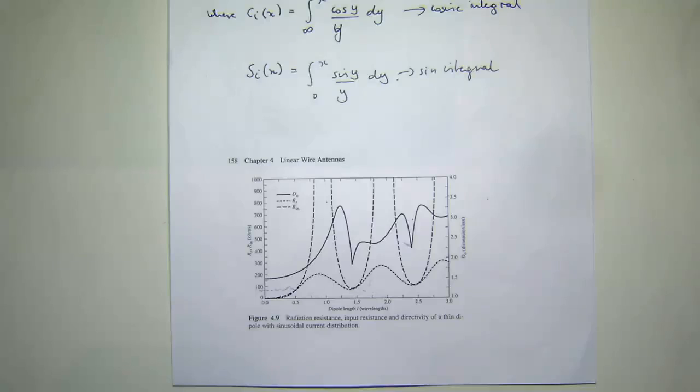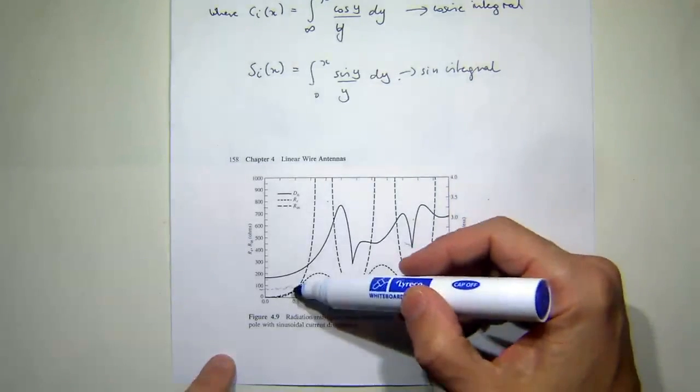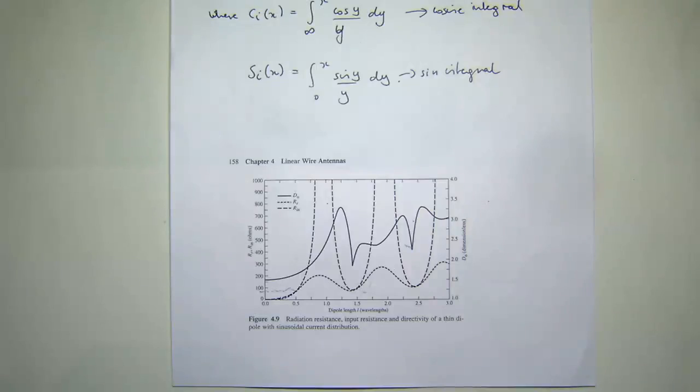Right? And we also saw that at half a wavelength, the impedance of a dipole, or the radiation resistance of a dipole, is roughly 73 ohms.